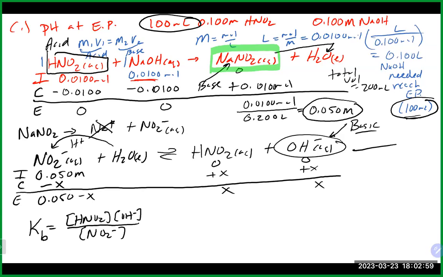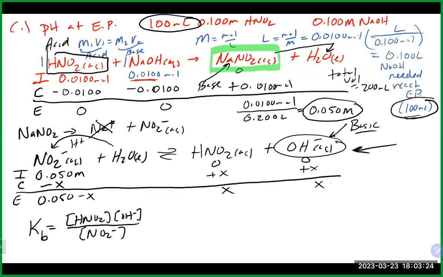And I know it should be using a Kb because I have hydroxide there on the product side. So again, whenever you've got that hydroxide on the product side, Kb is what you need to be using. If you have that H3O plus or H plus on the product side, then Ka is what you should be using. That means we do need to flip our Ka value that was given to us.